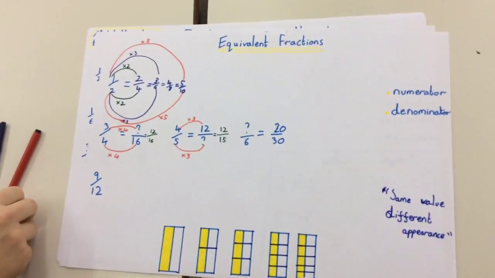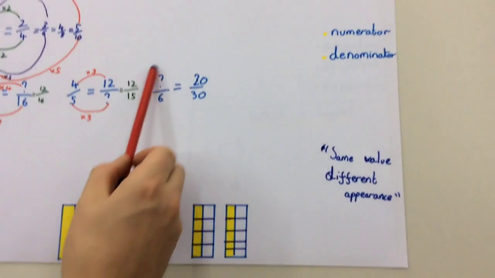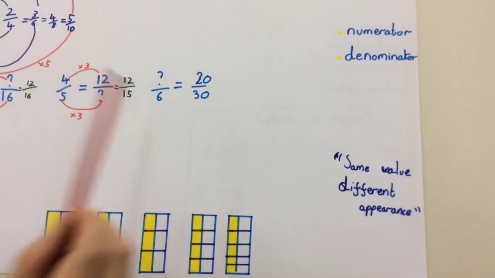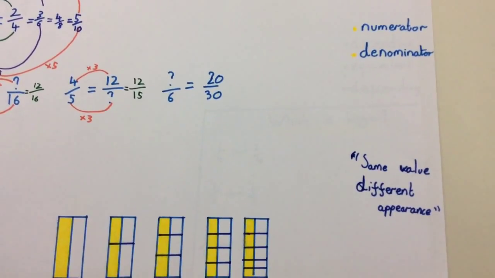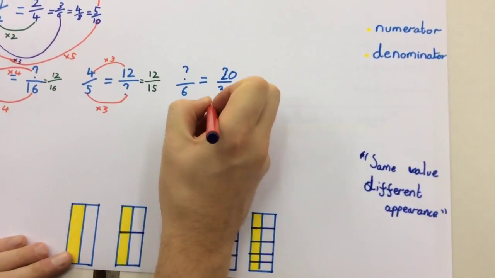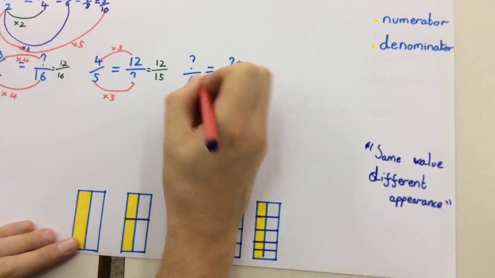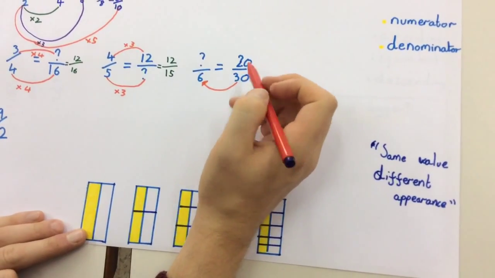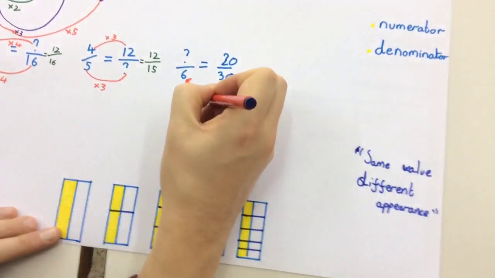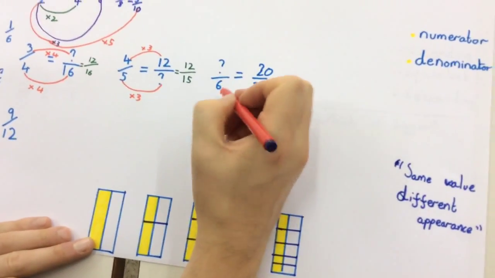Let's look at our final one. Now I don't know this numerator, I know this numerator and denominator, and I need this denominator. So, well, I'm going this way this time. Whatever I do to the numerator, I must do to the denominator. So 30 divided by 5 equals 6.